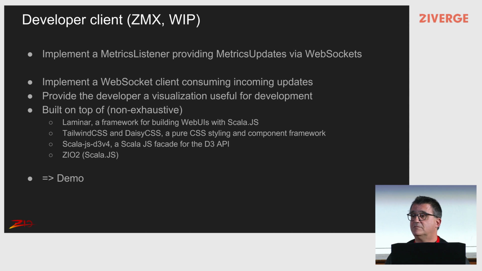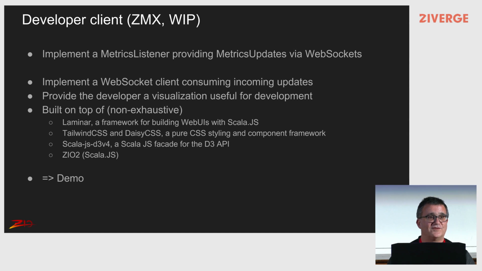and build an application on top of Laminar. Laminar is a very, very good library for building UIs with Scala.js. So if you ever try to do something with Scala.js in the browser and you haven't looked at Laminar, take your time to look at it.